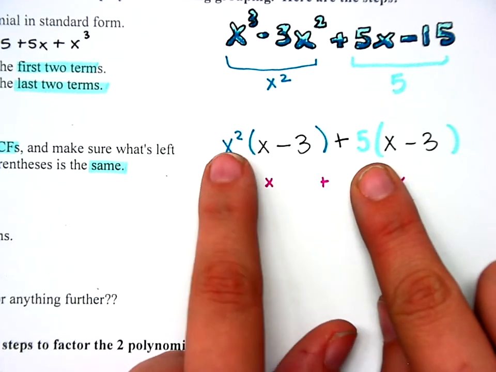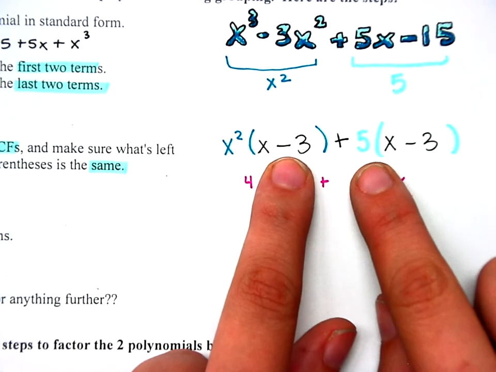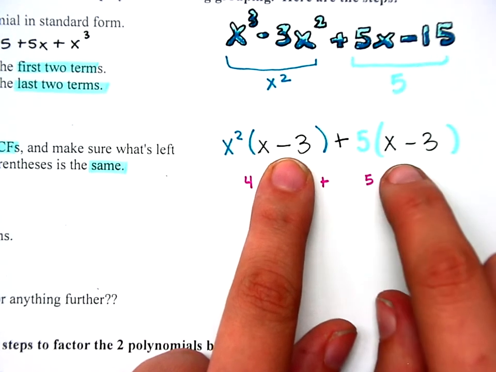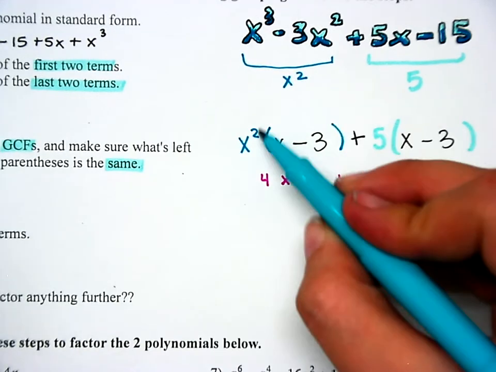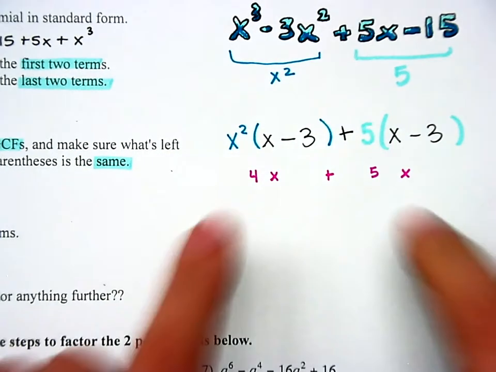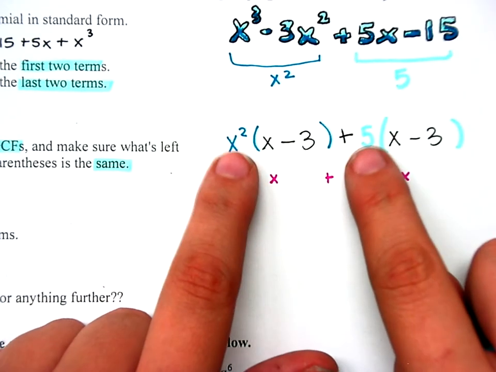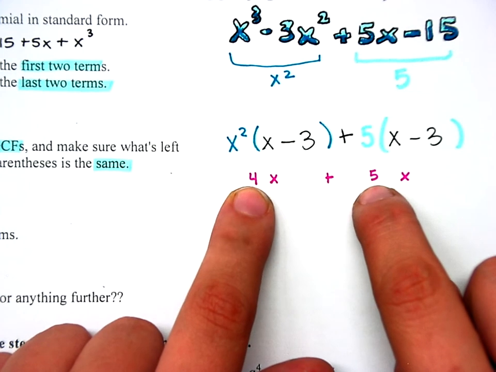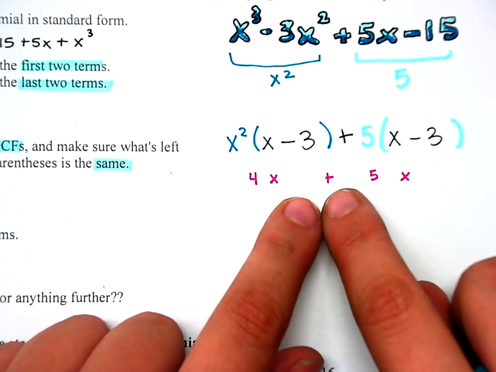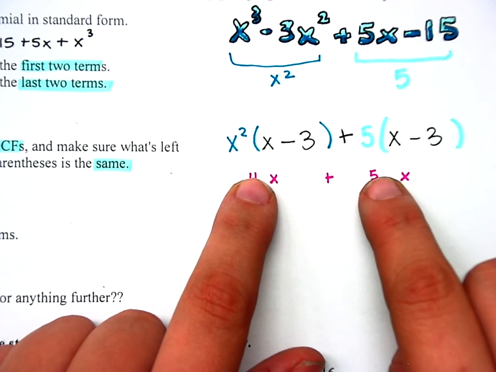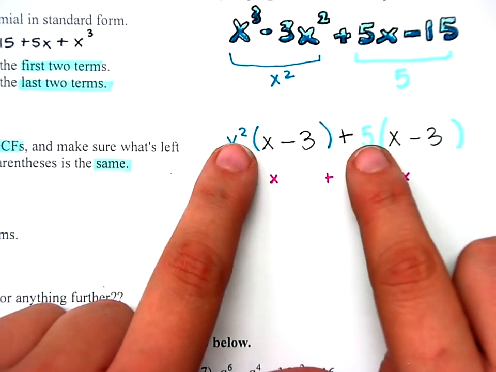I have x squared of something and I have 5 of something. So I'm going to combine like terms. So I'm going to add these coefficients, just like I would do if I was adding these 2 terms together. These 2 added together would be 9x because I add the 4 and the 5. So I'm going to add these 2 terms right here.